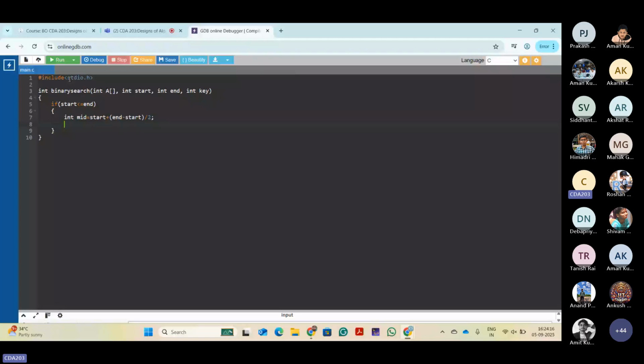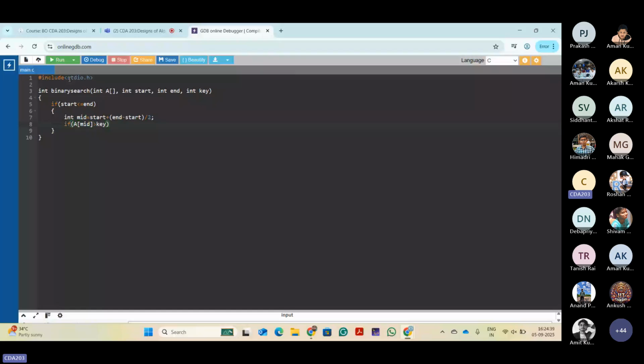Once you have the middle, next you check if the middle element is greater than the key or less than the key.